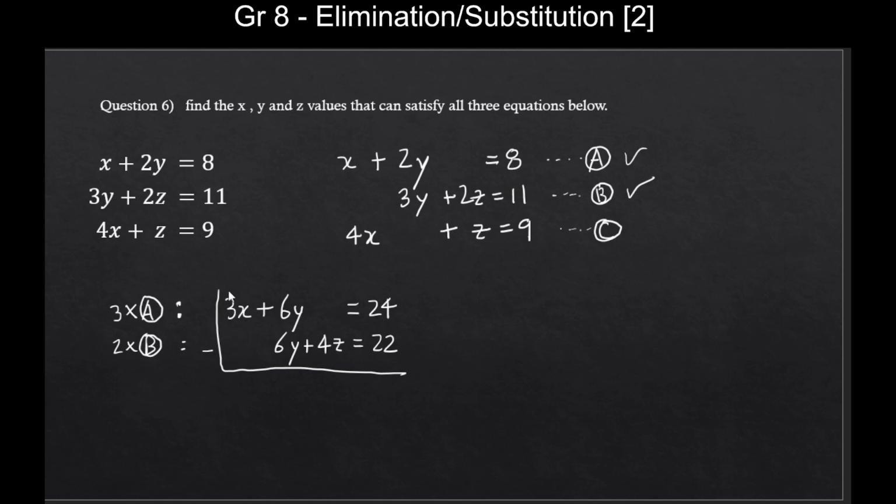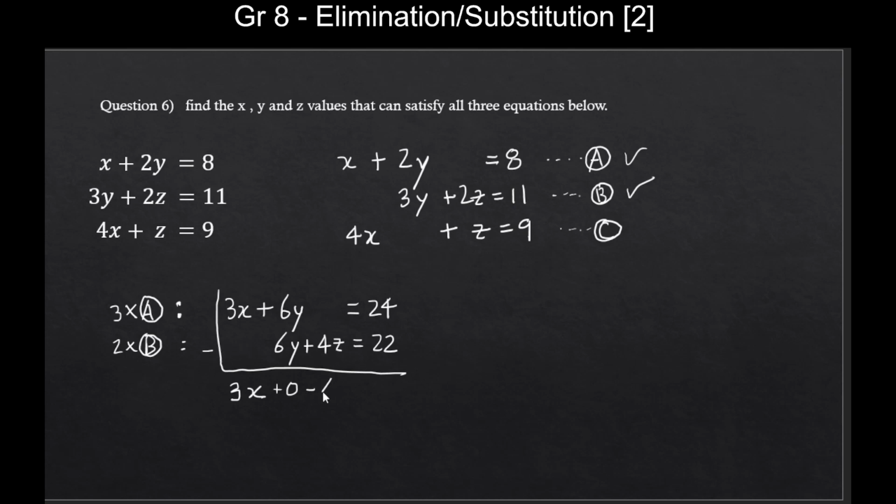So 3x minus nothing in x. So 3x should just be 3x. Now 6y minus 6y, that is 0. So I'll just put 0 here. Here we have no z, so that's like 0z, right? So 0z minus 4z.